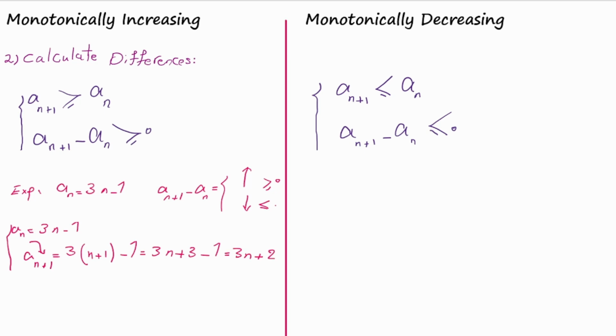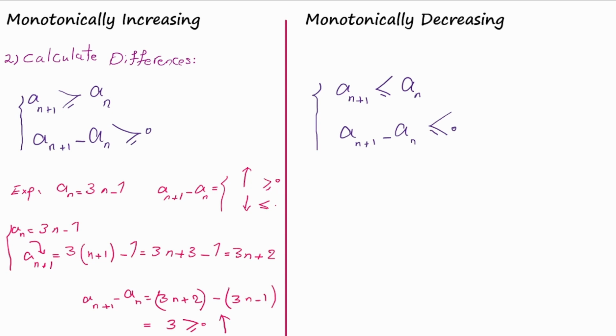Now let's calculate the difference between these two terms, which means a sub n plus 1 minus a sub n is equal to 3n plus 2 minus 3n minus 1, which after simplification is equal to 3, and 3 is greater than or equal to 0, so we have an increasing sequence.